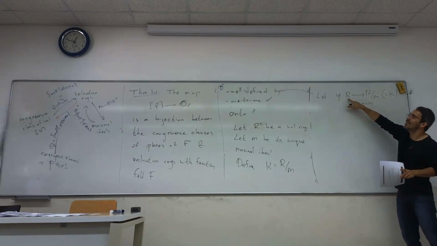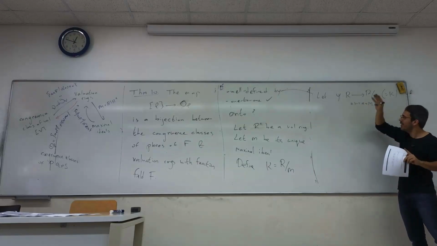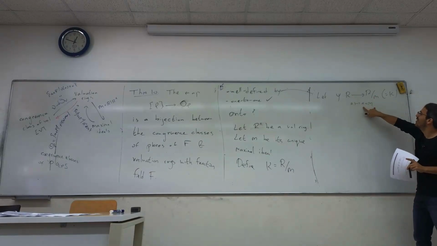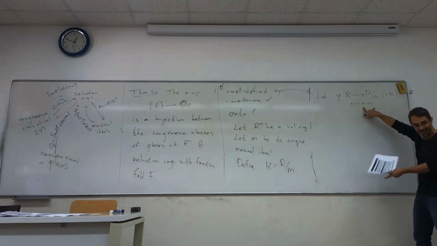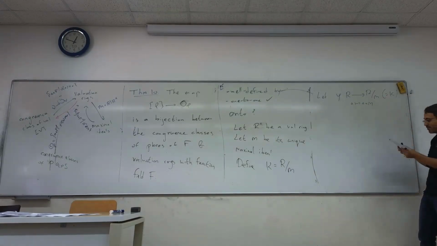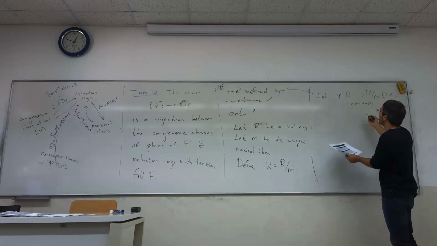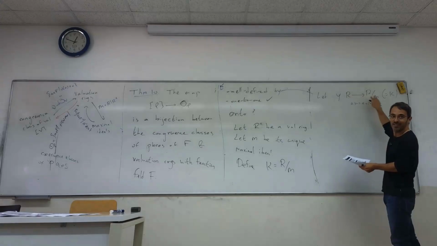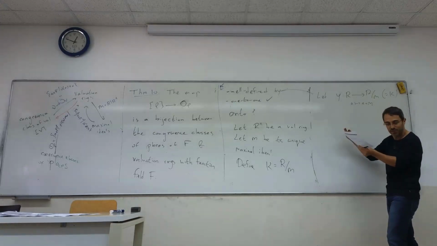R is all the things you can evaluate, and these are the evaluation outcomes of the things you can evaluate. Projection is evaluating. But I don't want that. I want a place. So it's something from the field of fractions of R to K. So I'm going to extend it in the natural way, right?